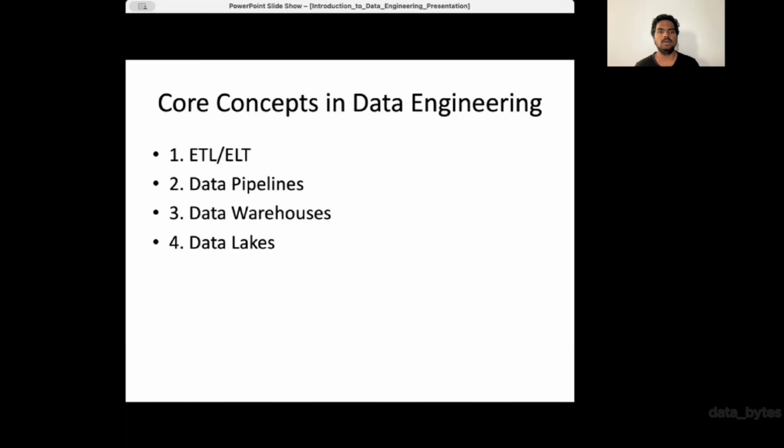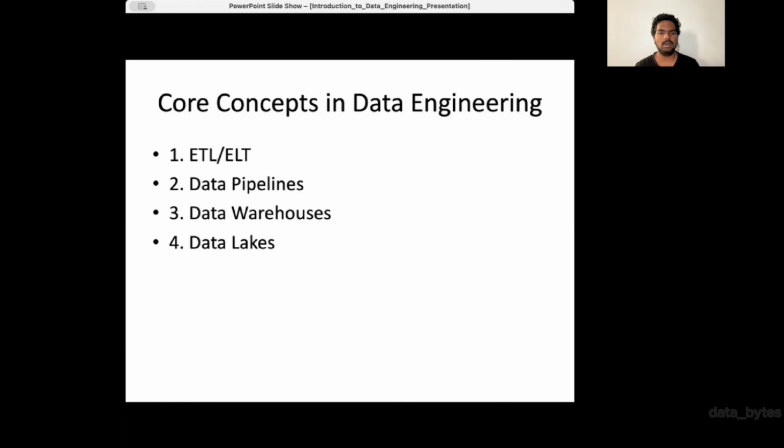So data pipelines act as an important step in the data engineering framework because data pipelines process the data, like it performs all the transformations while the data is being moved from a source to the destination. So here the source is nothing but the data source where you collect all the information, and the destination is something like a data warehouse or a data lake.